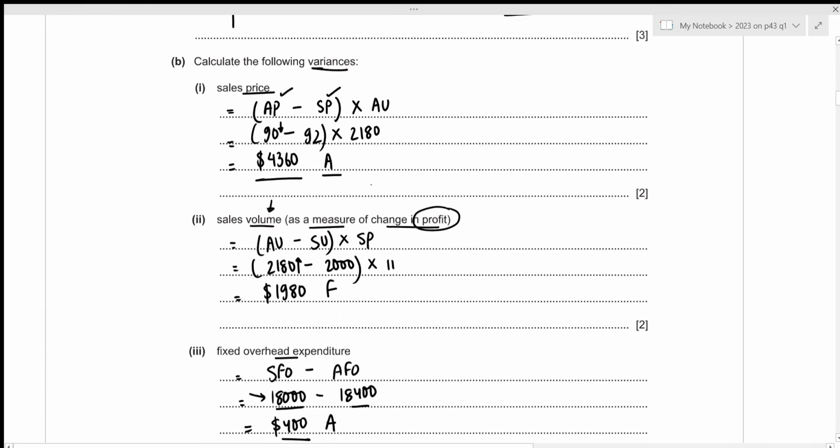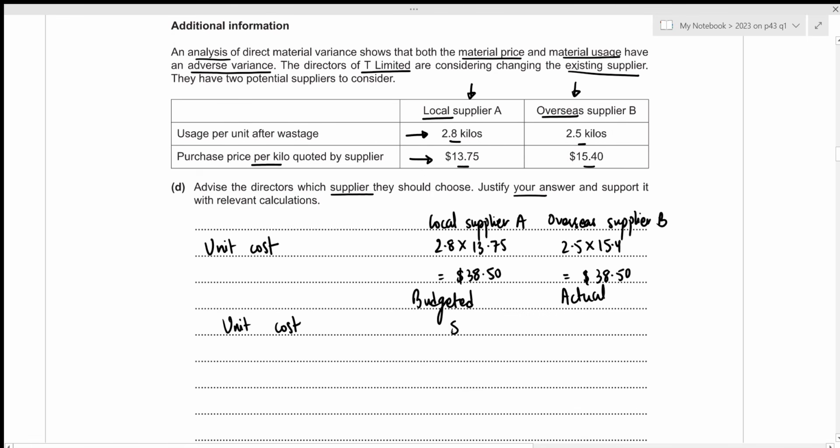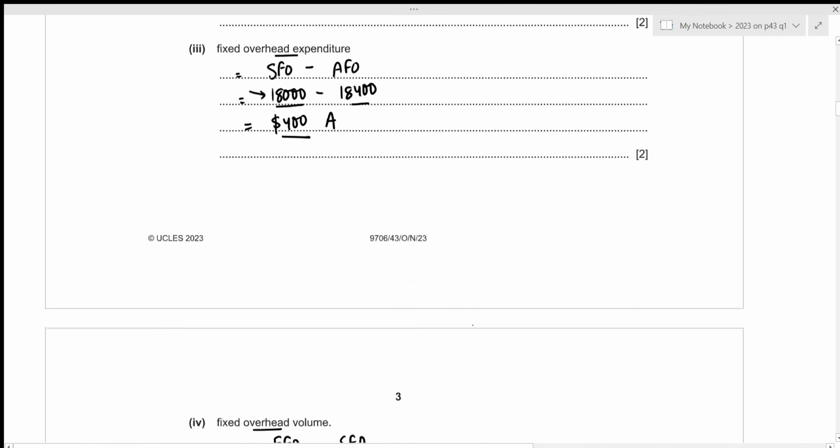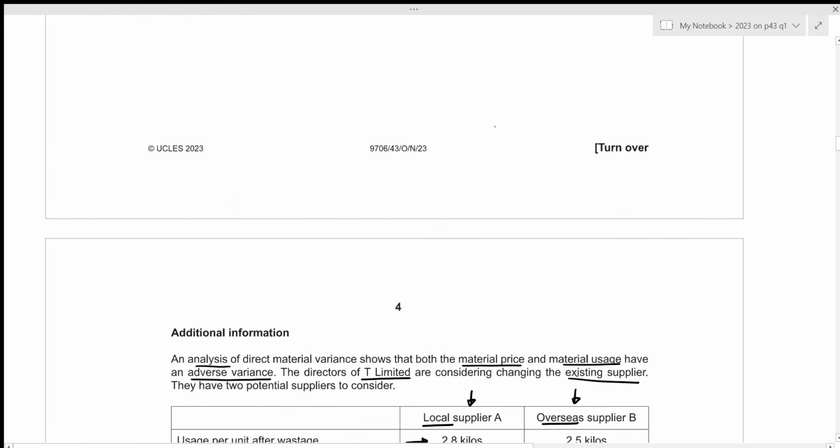That's the budgeted cost per unit for our direct material. Then we repeat the same process for our actual values. So we can see that the actual direct material is 113,796. And in order to calculate it per unit, we can just divide it by 2,180, which results in the value of 52.20.